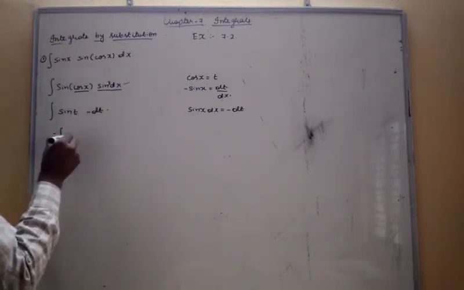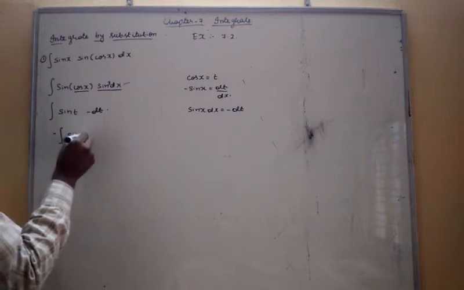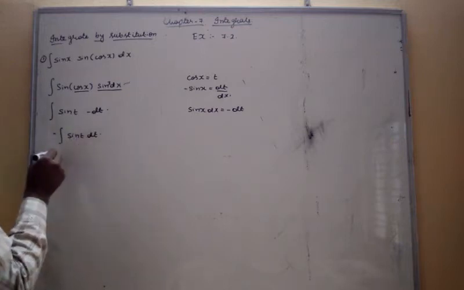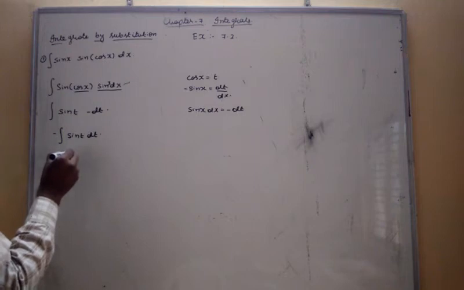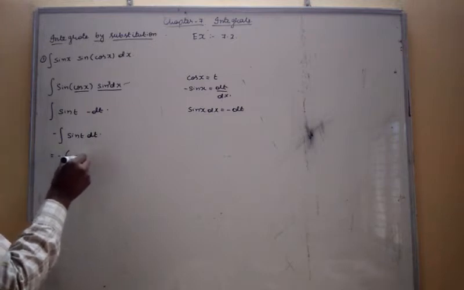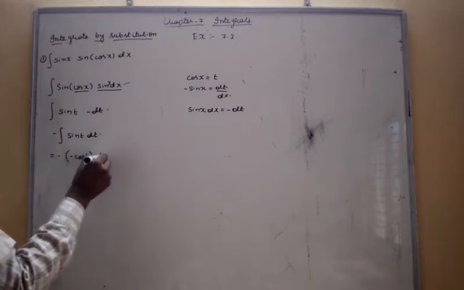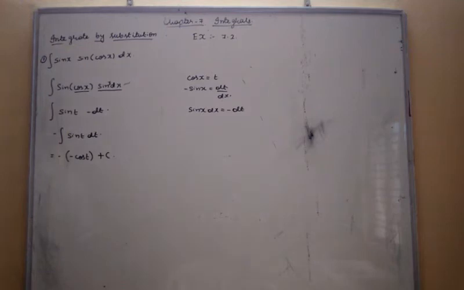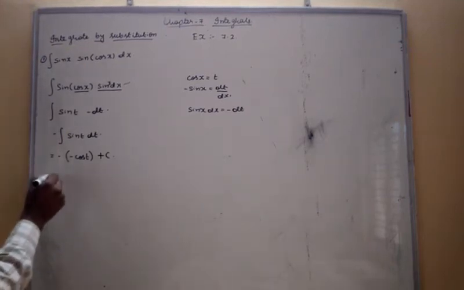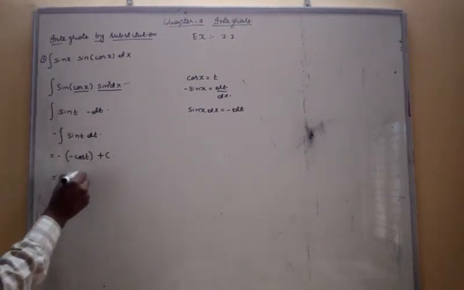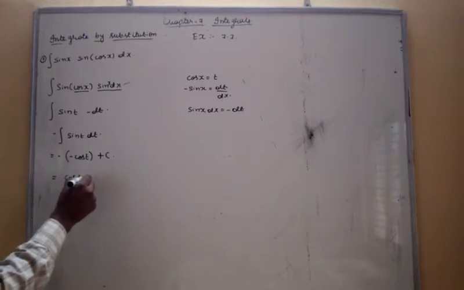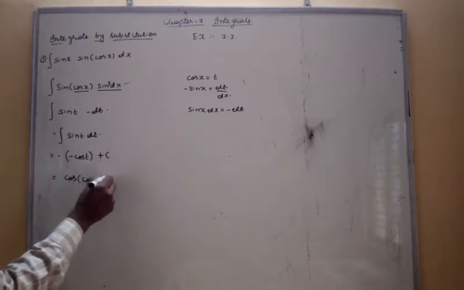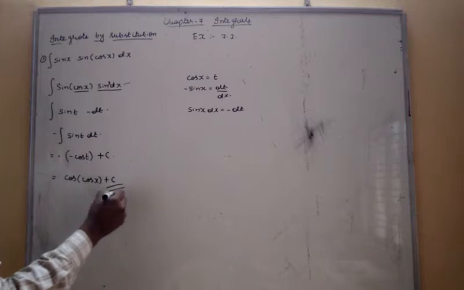Then minus outside, sin t dt. Integration of sin t is minus cos t plus c. Then you can write cos t value as cos of cos x plus c. So this is the answer.